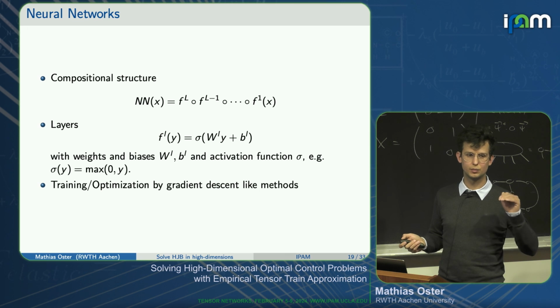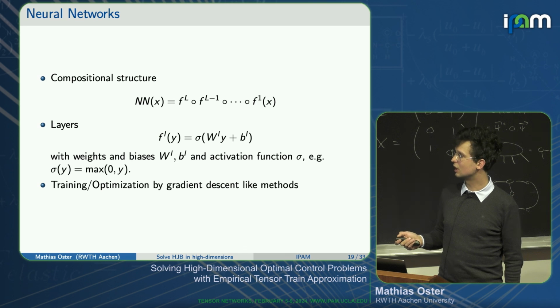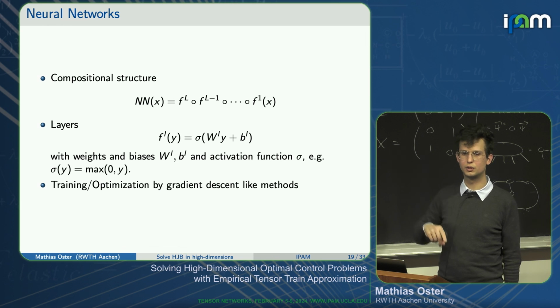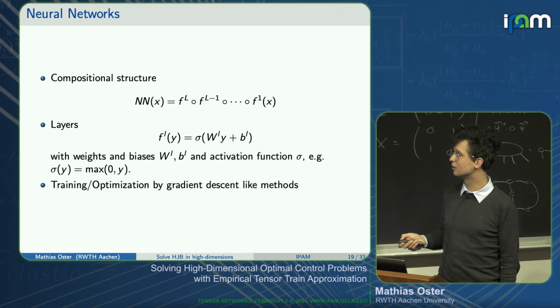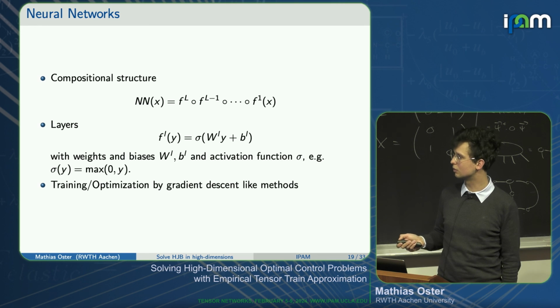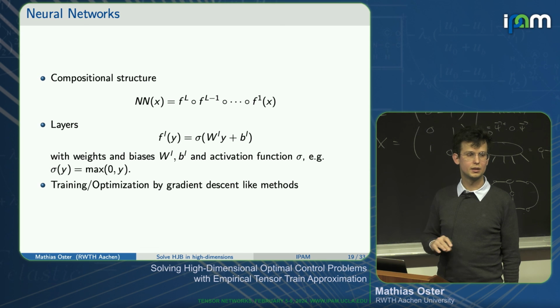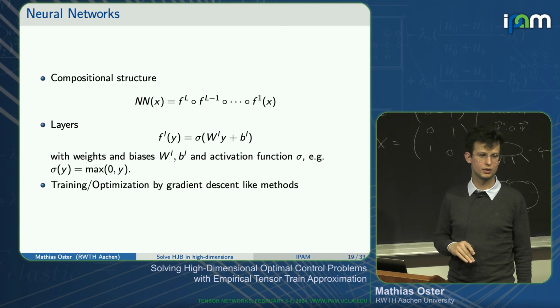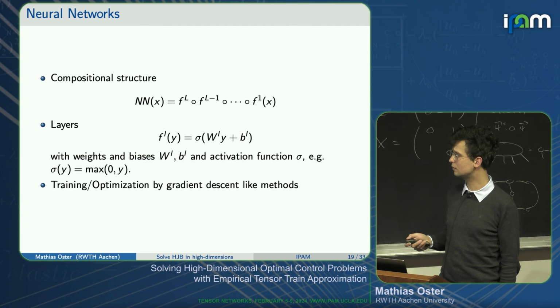Nonlinear activation means that for each entry of the resulting vector of the affine transformation, I apply a nonlinear function. Very popular is the so-called ReLU, rectified linear unit, that looks like this. But there is also a whole zoo of activation functions that are used by now.